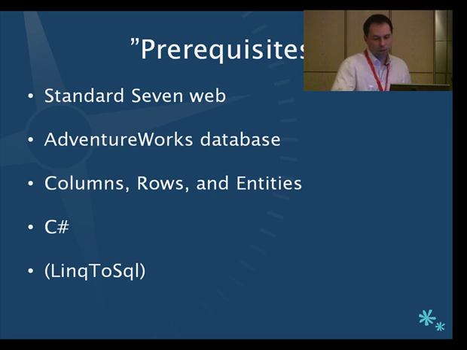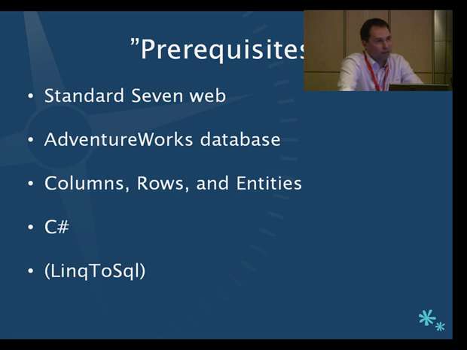A little bit about prerequisites. What I'm going to create here today is, as I told, an archive provider and an archive control, and I'm using the standard 7 Web installation. The database is empty. I only added a couple of contacts, nothing more than that.